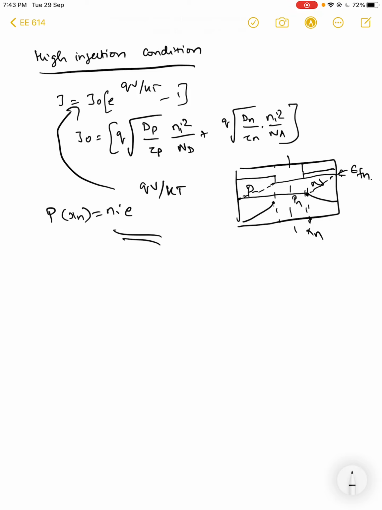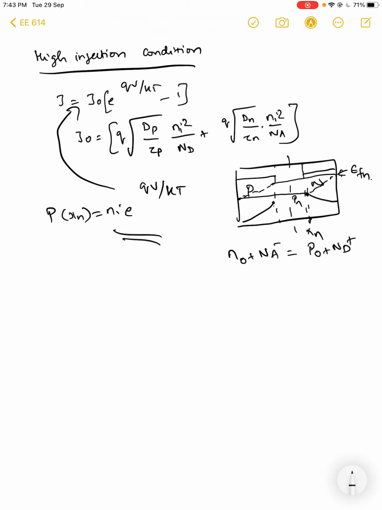Now let us look at what exactly happens and why, under high bias conditions or under high injection, what actually changes here. To do this derivation, let's once again remind ourselves the charge neutrality condition. Okay? So basically under equilibrium conditions you have n naught plus Na minus is equal to p naught plus Nd plus.